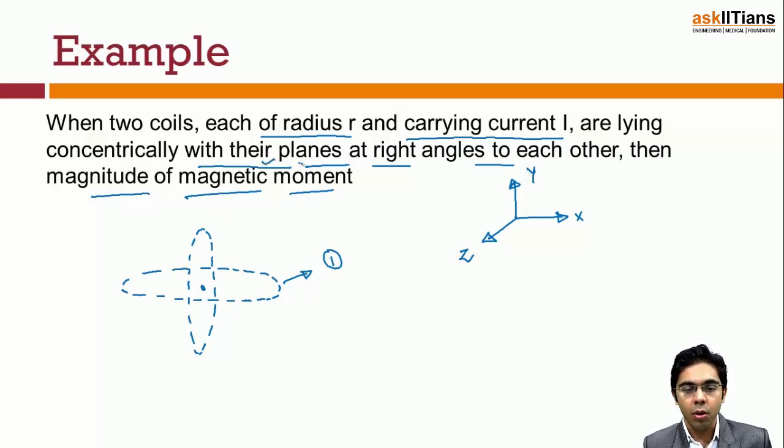Also their planes are at right angle to each other. So if this is loop 1 and this is loop 2, according to this orientation of my axes, what is the plane of loop 1? According to the figure, the plane of loop 1 is the xz plane.